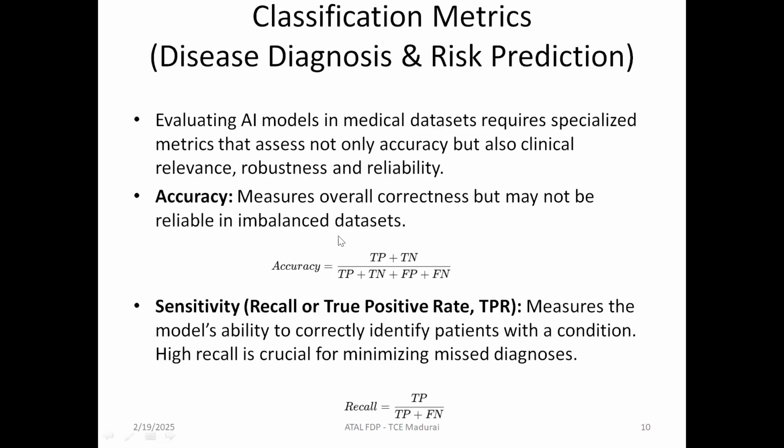For classification, we can make use of accuracy. I hope you already know about this. It measures the overall correctness but may not be reliable on an imbalanced data set. So when handling medical data sets, we have to check whether the data set is balanced or imbalanced. If you are doing disease classification with four different categories of diseases, in some categories we will have only a minimal amount of data, and in some we will have more.